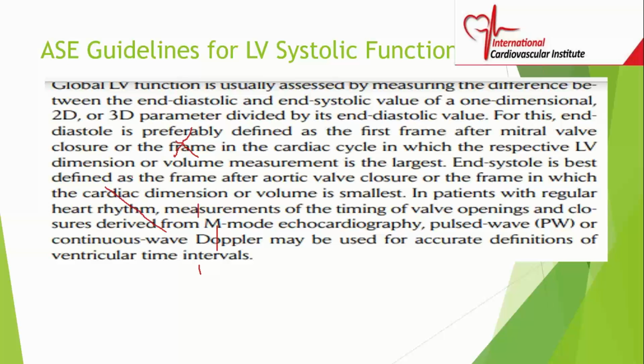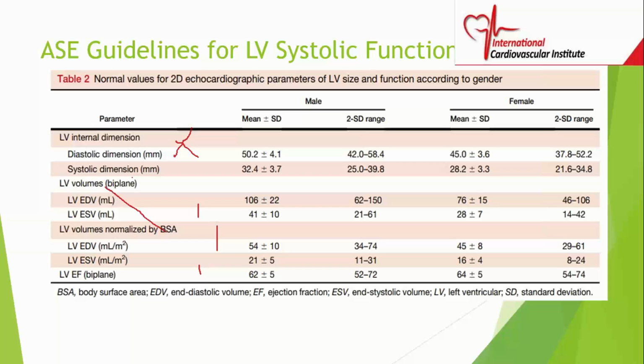When you're doing your ejection fraction, you usually look at your end diastolic volume and your end systolic volume, and then you do your analysis. Just what we have mentioned. So let's look at this table because these are some new data.